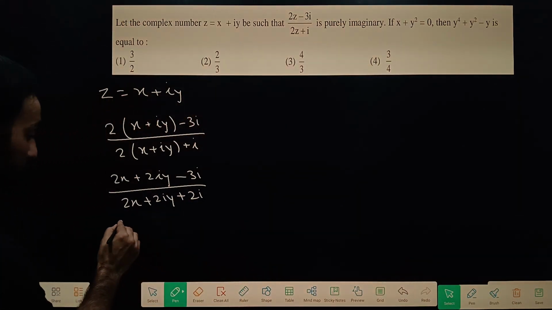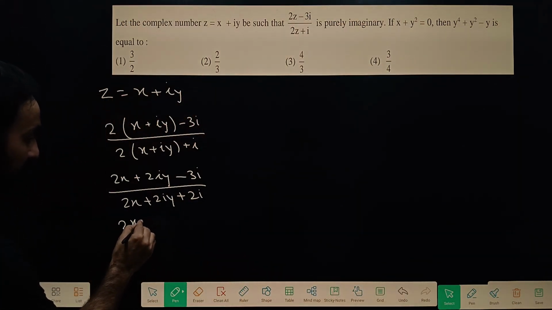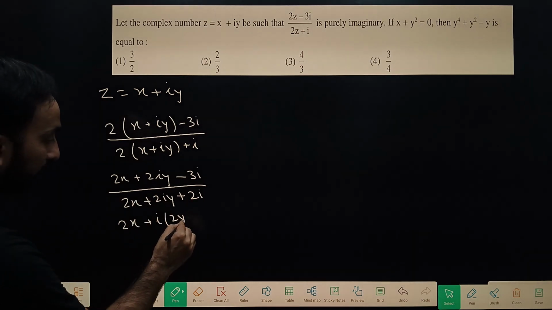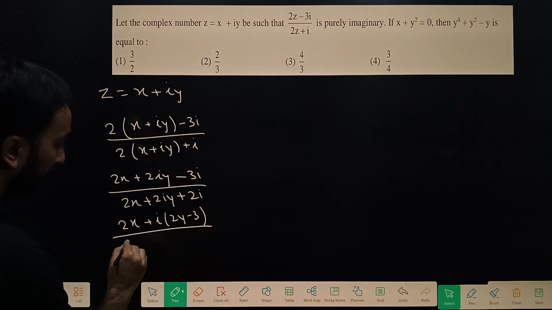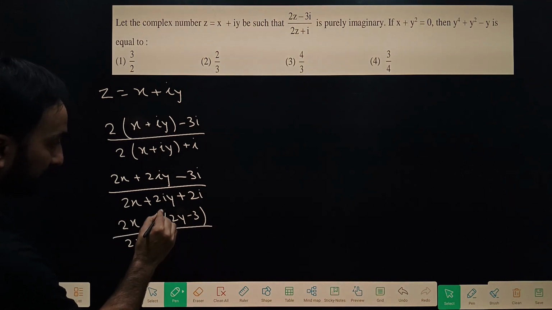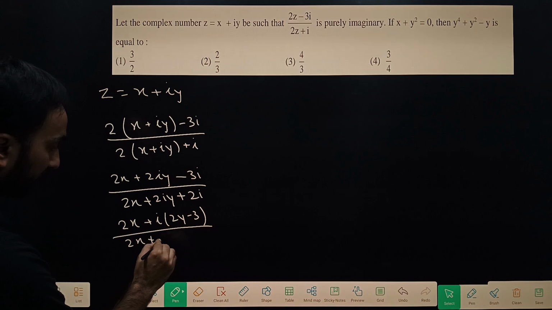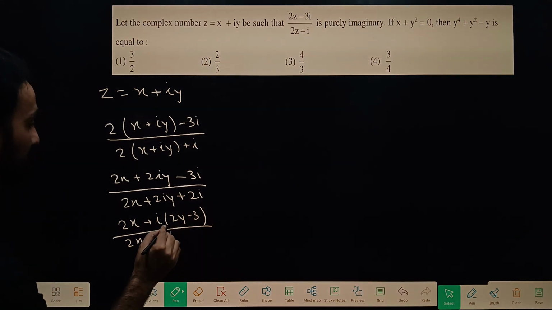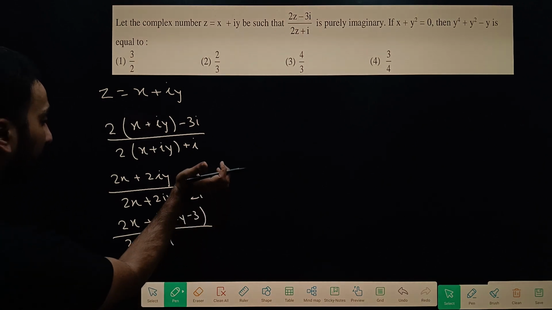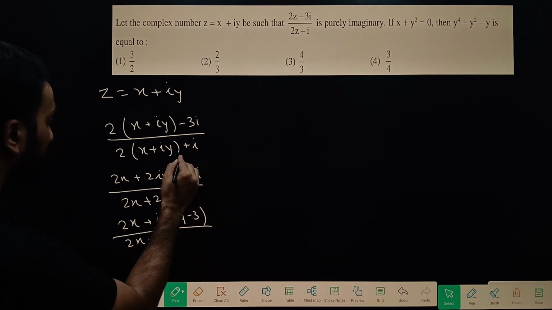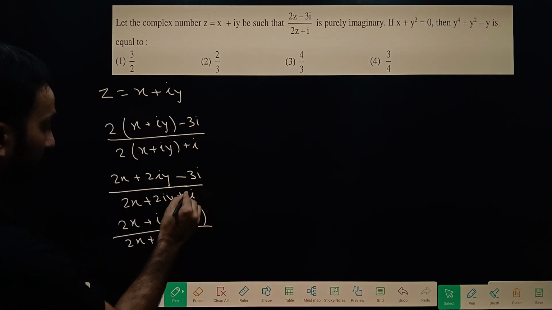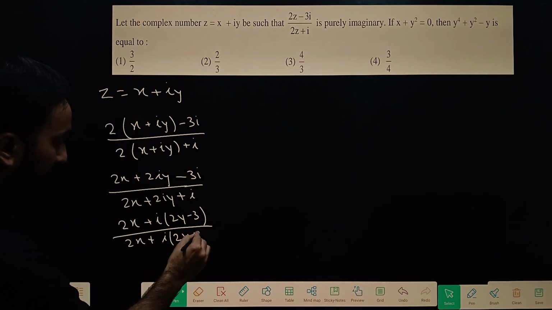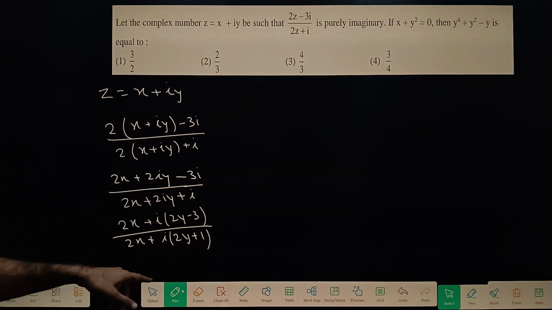We take i common and we get (2y - 3) i divided by 2x plus i (2y + 1).